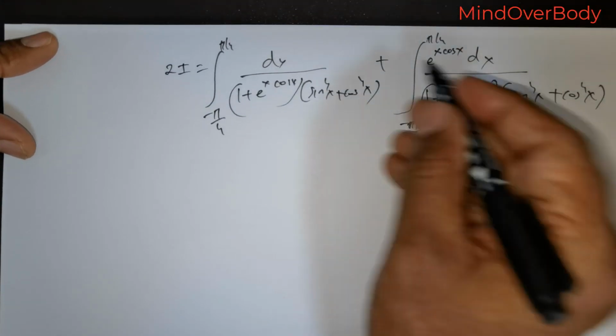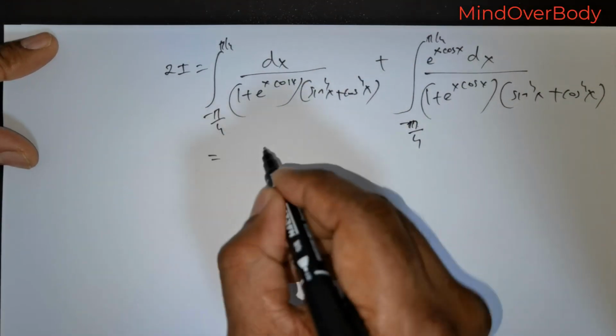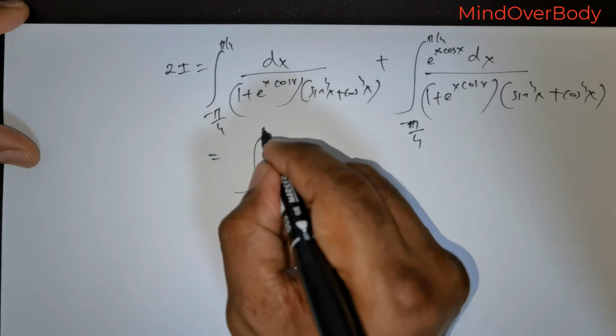So this is what you got. Now adding, you get integral negative pi over 4 to pi over 4.